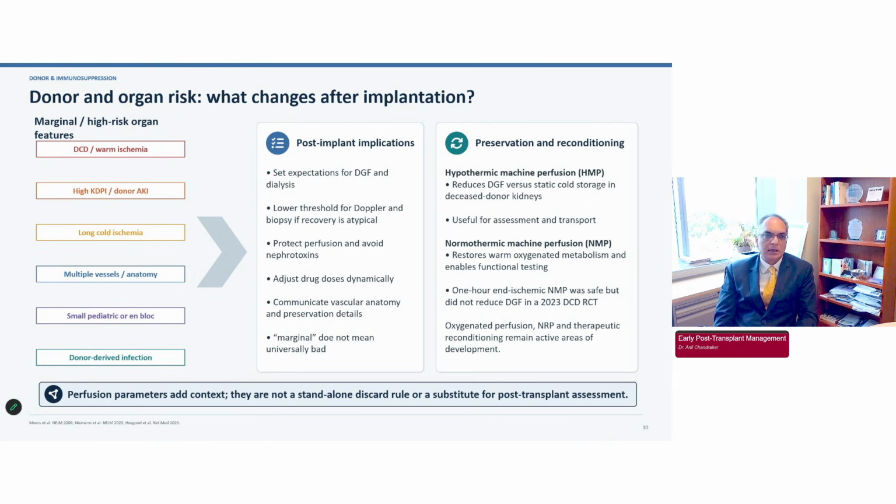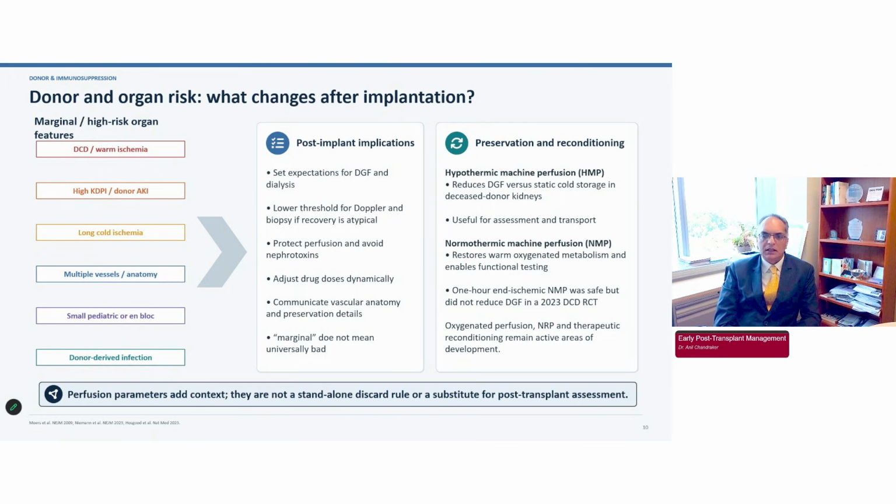Also complicated anatomy, pediatric kidneys, or donor-derived infection, which often gets forgotten about. Donor-derived infection can lead to infection within the recipient, and often there's a delay in getting that information to the recipient team.